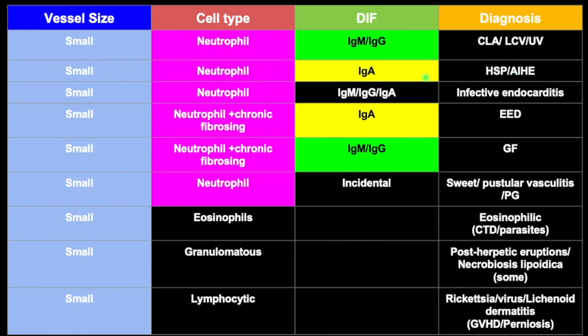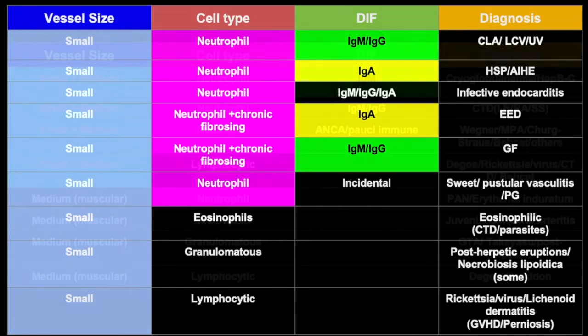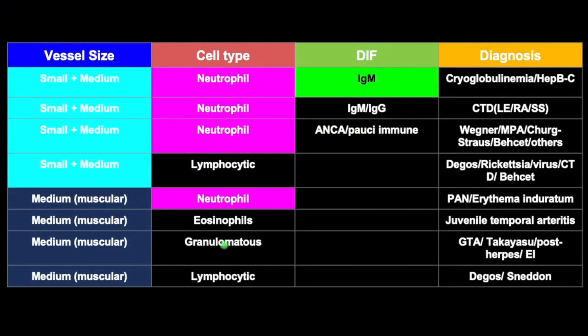I will not read all this table for you for the interest of time, but I will leave those tables in the description of the video for you to download, and hopefully they will help you to identify the diagnosis, because you can definitely come up with the diagnosis. They have different cell types and different vessel sizes.